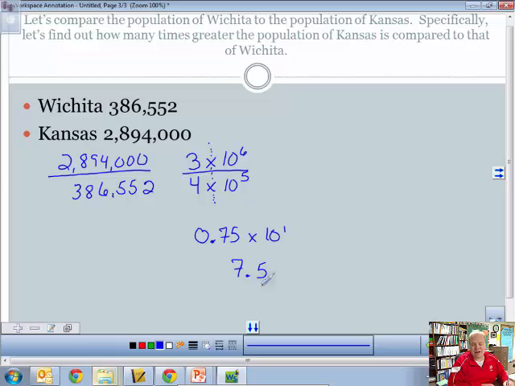So what does that mean? That means that the population of Kansas is 7.5 times larger than the population of Wichita, when Wichita is our largest city. Okay, so in the end, the population of Kansas versus Wichita, it's 7.5 times larger than that of Wichita.